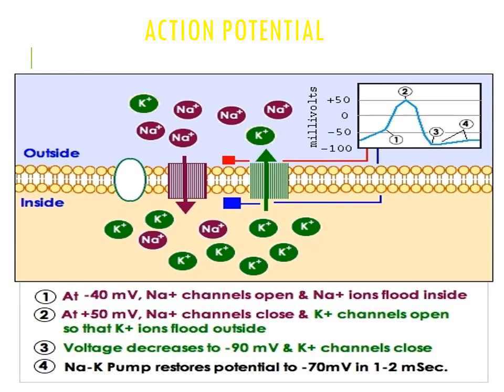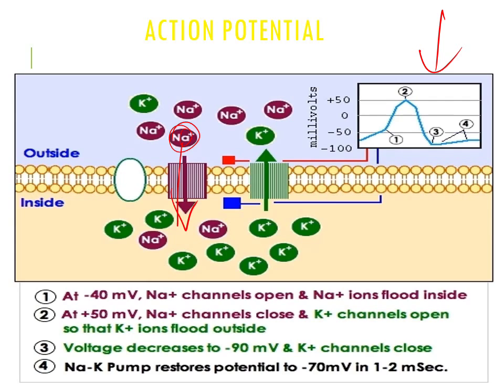So if we're looking at an action potential, this is inside of the cell here. You can see the graph up the top is exactly the same as the one we had on the other side. And down the bottom here, it's describing what happens. So 1, at negative 40, the sodium channels open and the sodium floods inside. So these sodiums are going to go inside.